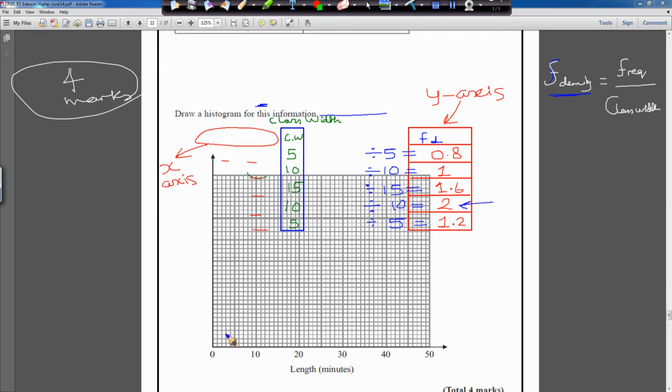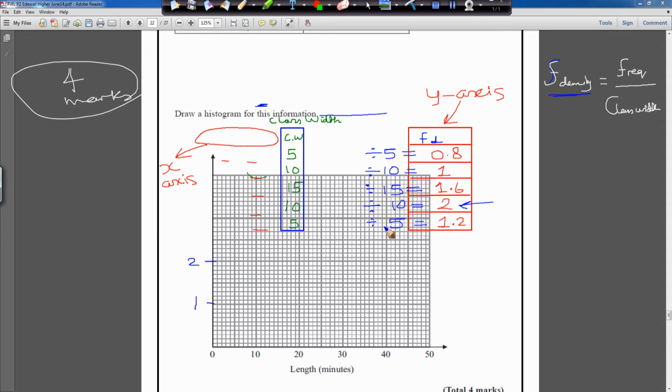If you want to keep the math nice and simple, we can label this as 1, and this as 2. I'm going to keep the scale simple so everything corresponds to one little box.